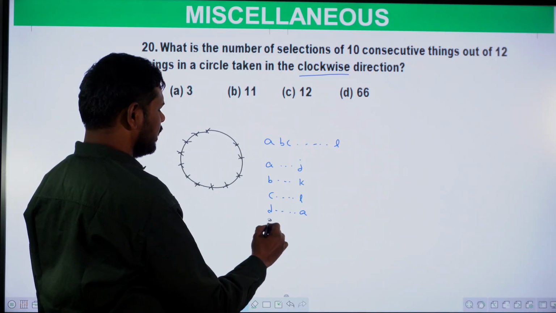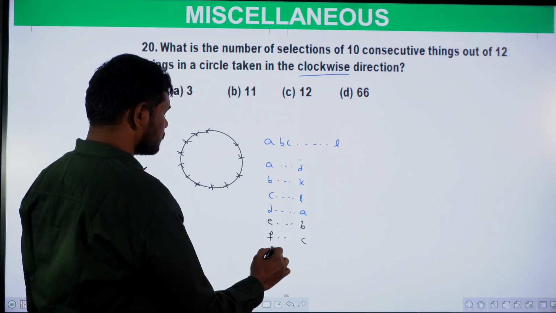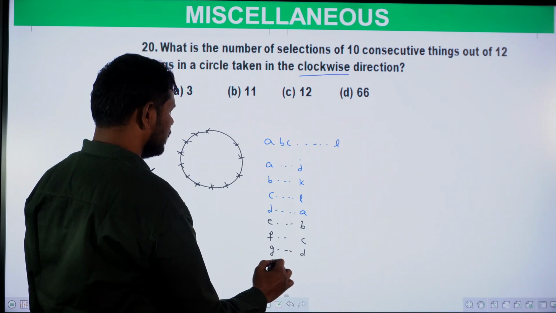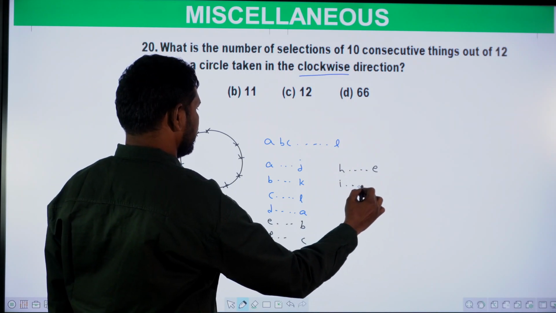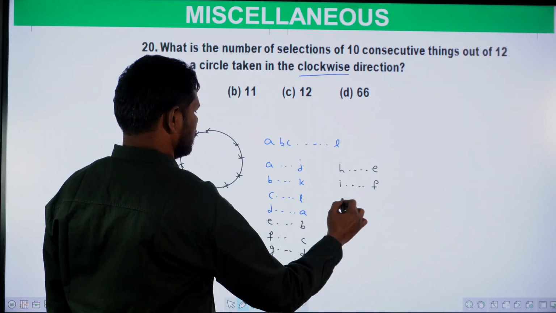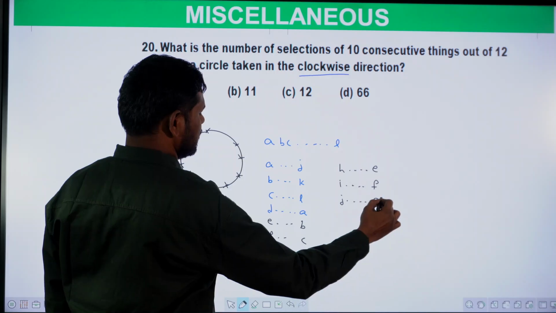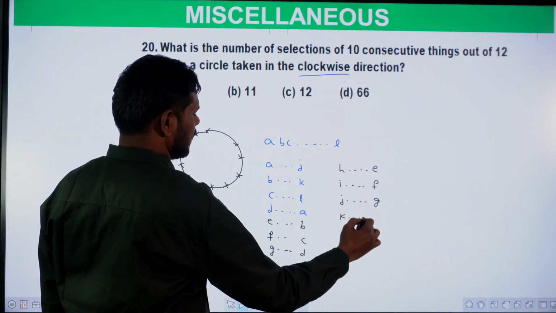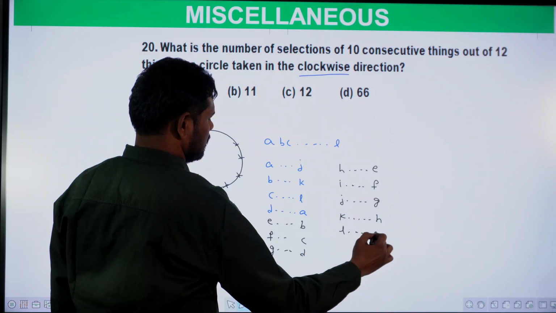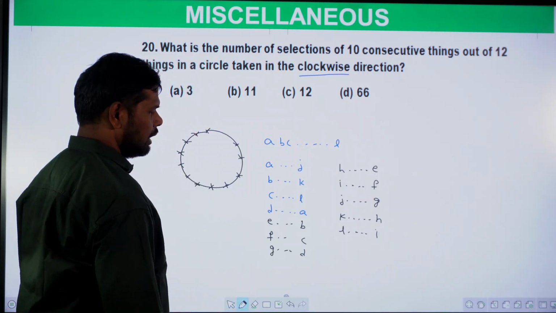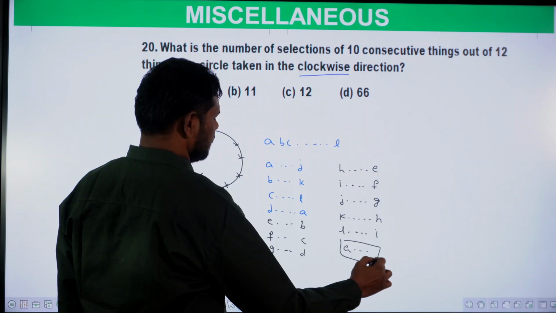Then similarly E to B. Then F to C. G to D. Then H to E. I to F. Next J to G. K also is there: K to H. L to I. Again A means it is repeated. A to J is repeated.